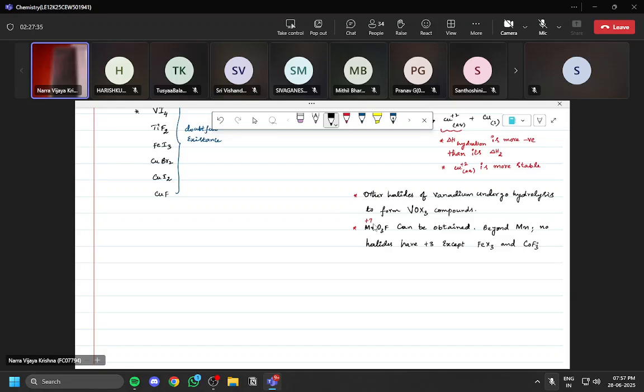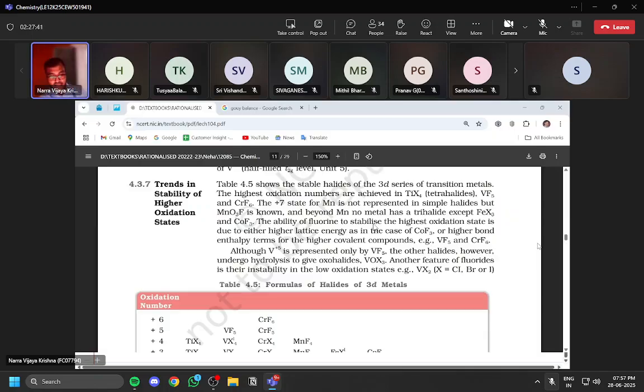FeCl3, FeBr3. But in the case of cobalt, CoF3 only. Correct? Here. Understood? Next. This point we already discussed.